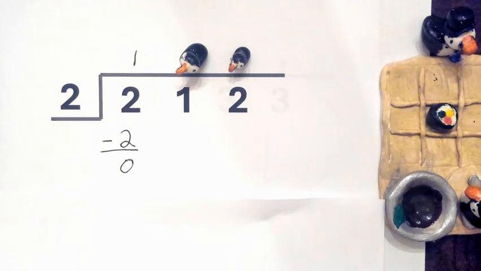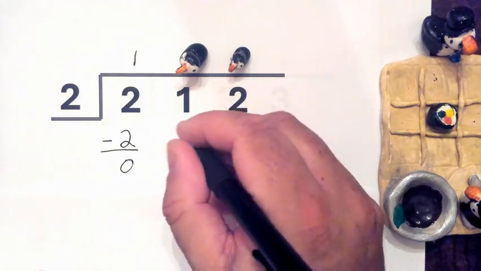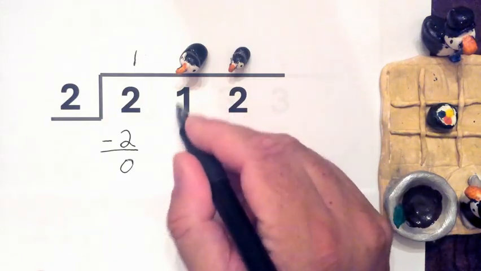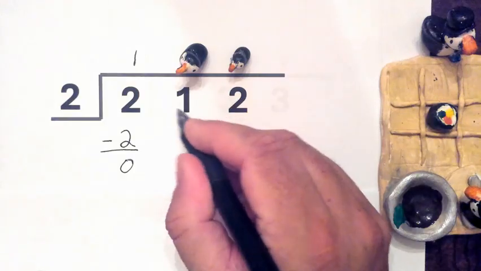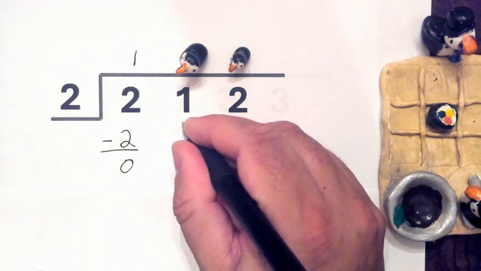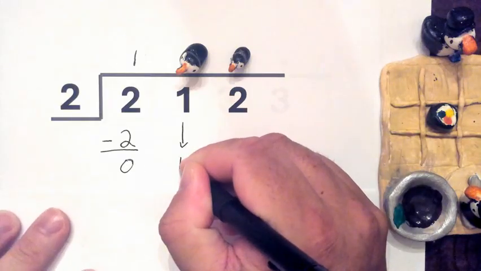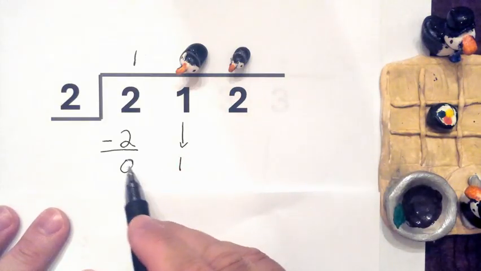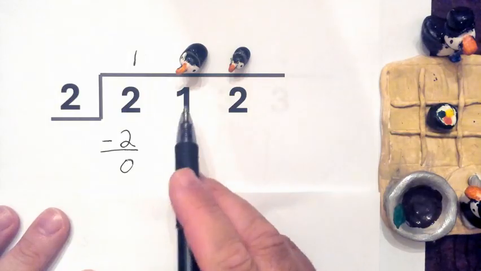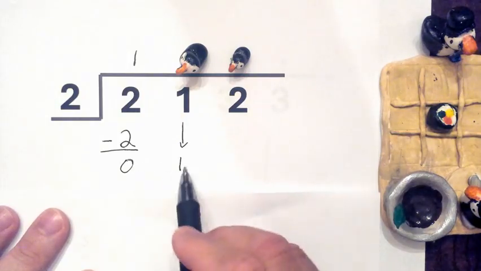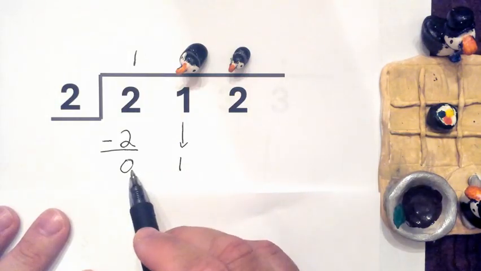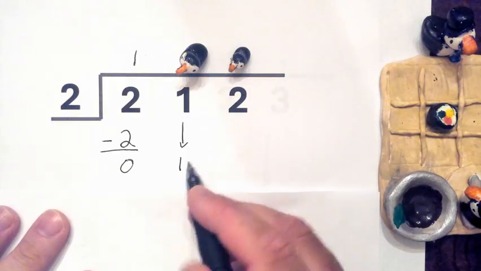Now we're just going to repeat these steps, but before we repeat, one important thing is we need to get the next number involved. The next number is the 10s place, which is a 1, and we bring that down right here. So now the next number is a 0 then a 1, which is just a 1.